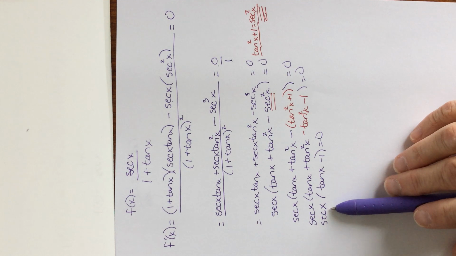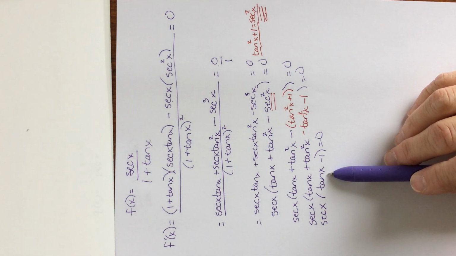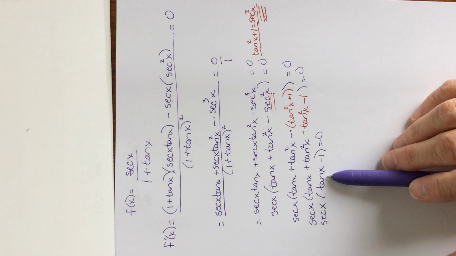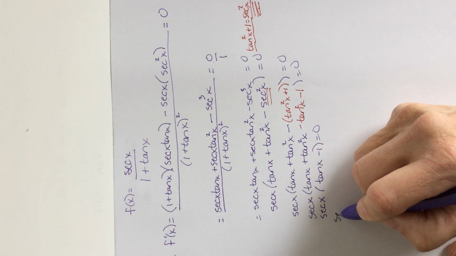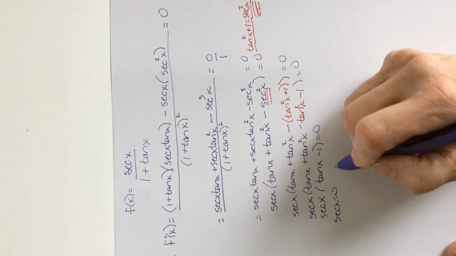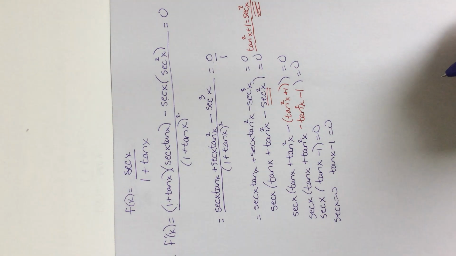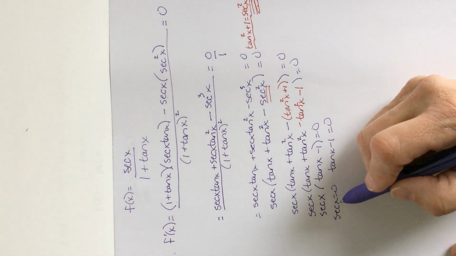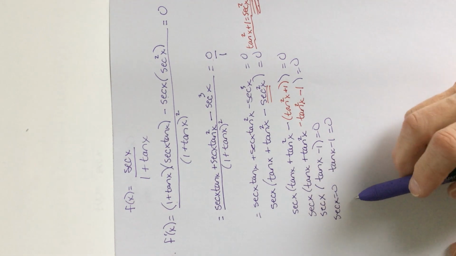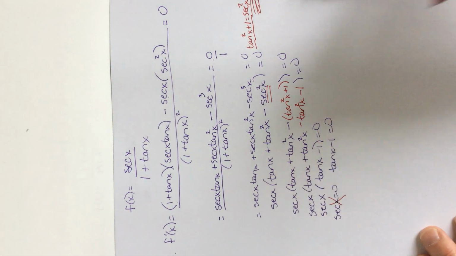Here I have a product of two nice factors. When the product of two factors equals 0, then either secant of x equals 0 or tangent of x minus 1 equals 0. Now we have to think, is there any angle measure where secant is 0? The answer to that is no.